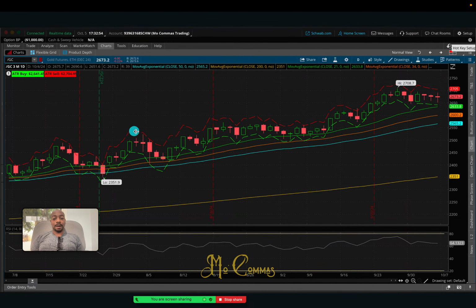Higher high, higher high, higher high, higher lows, higher lows. And look, the shorter period moving averages on top of the longer period moving averages. So still bullish. So until it breaks that trend, I might be a little bit more wary with it because it's a little overextended. But if I could trade it with spreads, GLD, I'll trade GC, the futures, through GLD, which is going to look just like it.